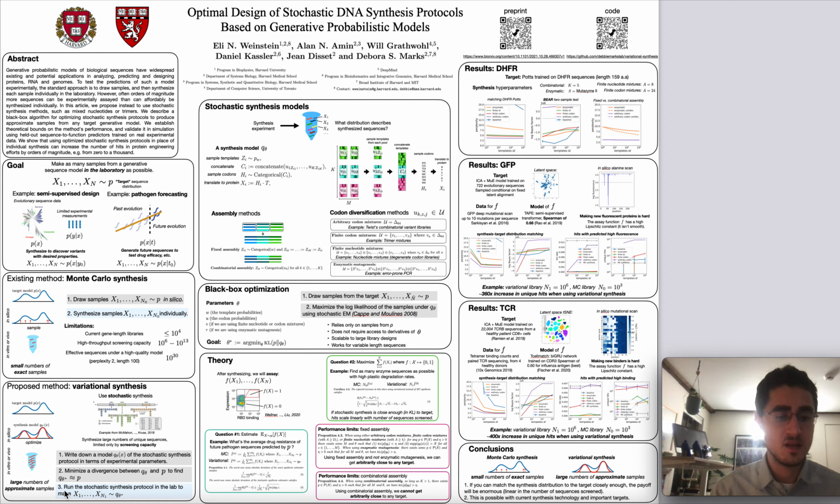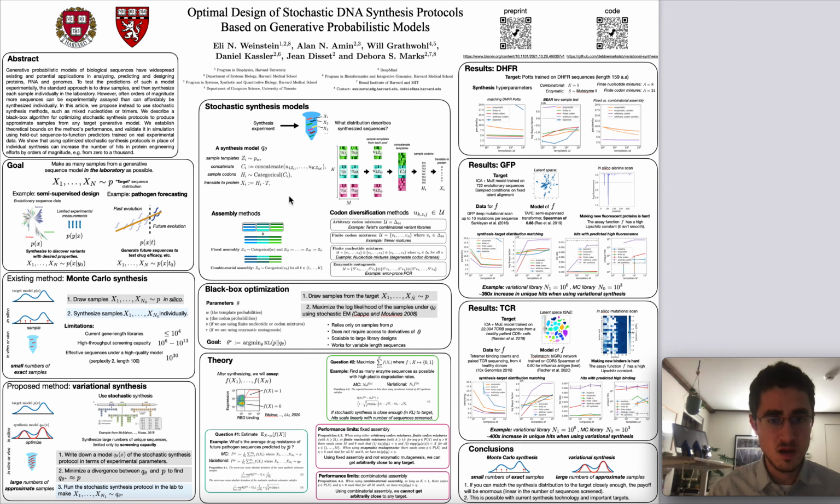The key trade-off behind this idea is that instead of making a small number of exact samples, as in existing Monte Carlo synthesis, we're going to make a very large number of approximate samples.